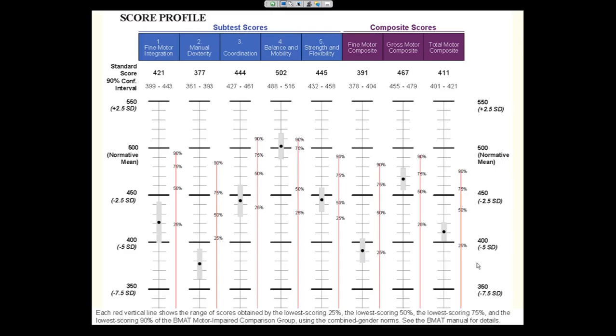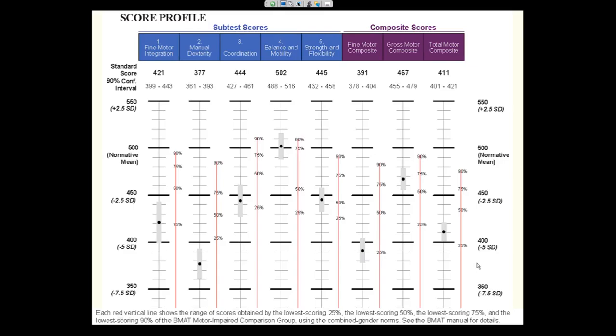I like this printout. I like this page a lot. It gives us some good information. Let me talk a little bit about what we're looking at here. This is again a printout from when you use the online scoring system. This shows us the standard score relation to the ranges that are obtained in the motor impaired comparison group.